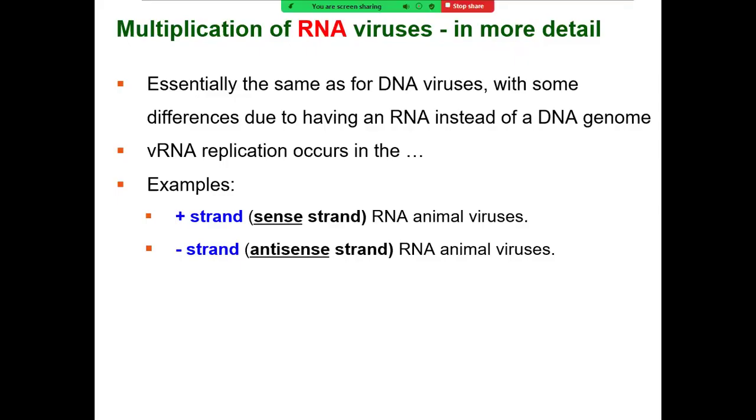For a single-strand RNA virus, it requires a little different method for replicating. And when we're talking about single-strand RNA, you should realize that there's a positive strand, and this is the sense strand that can be read by the ribosomes. And then there's the negative strand, single-strand RNA. This is the antisense strand, and it's complementary to the positive strand.